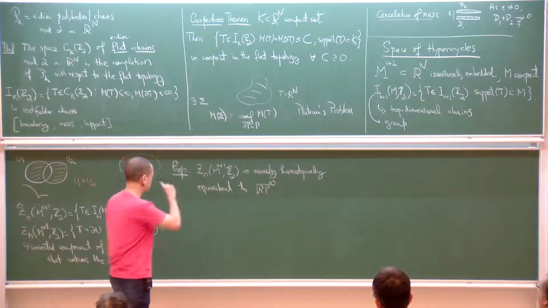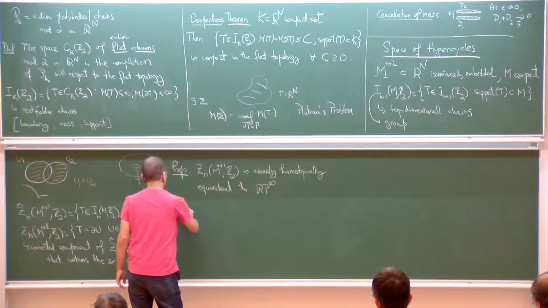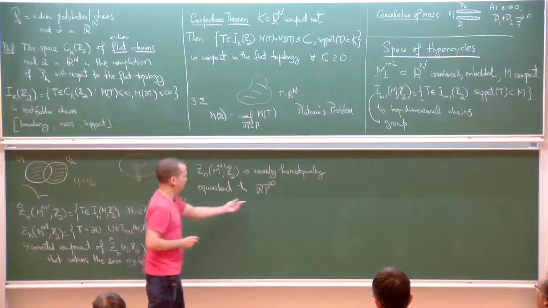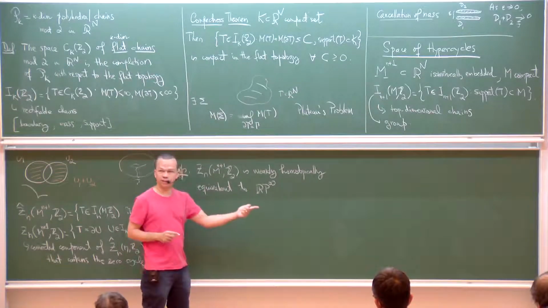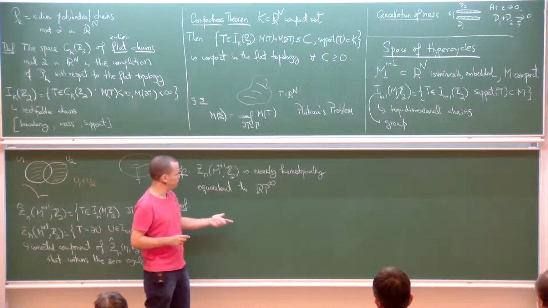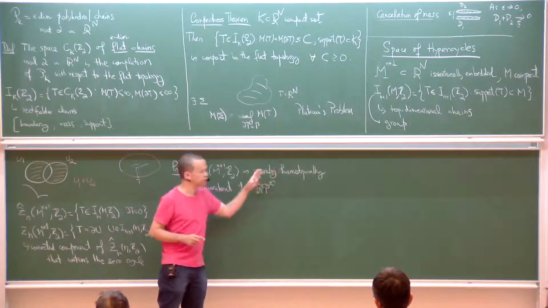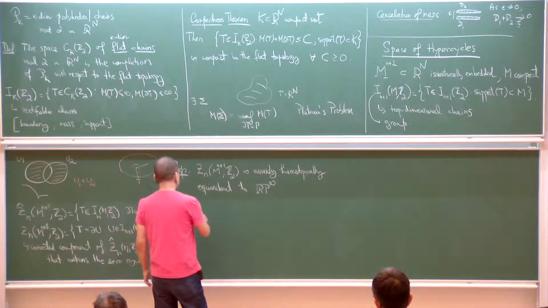Okay, so what's the idea here? We're going to consider a map from RP infinity to the space of cycles, and then we're going to prove that that map induces isomorphisms in every homotopy group. This is the definition of what weakly homotopically equivalent is. So consider the following map.